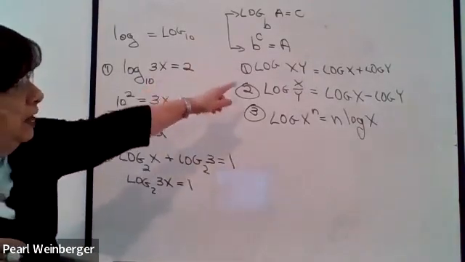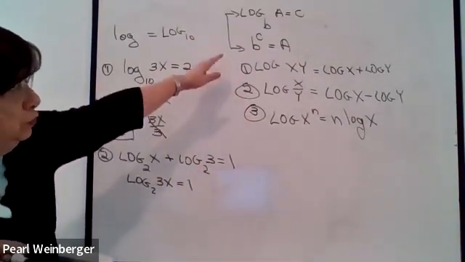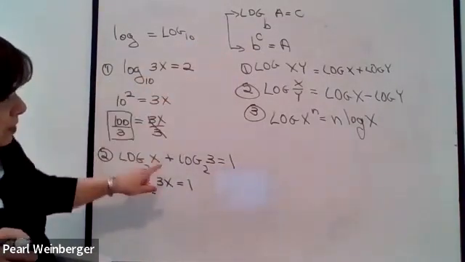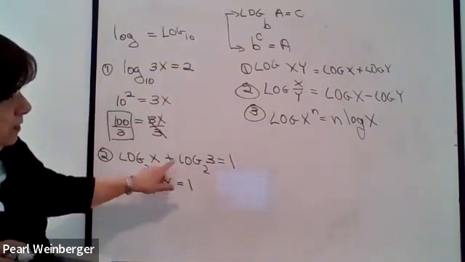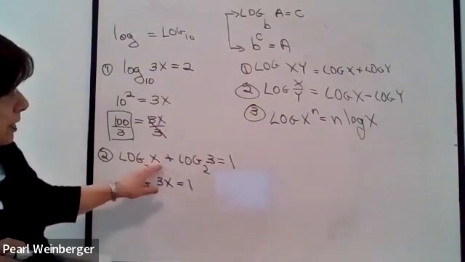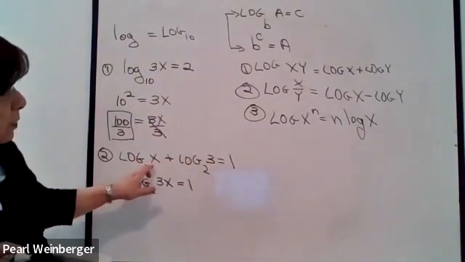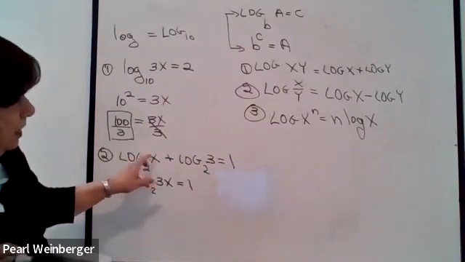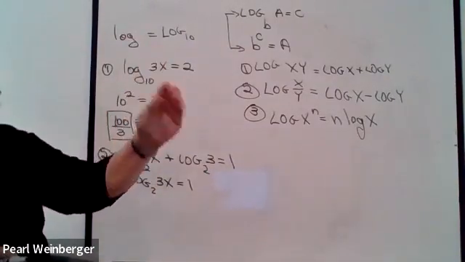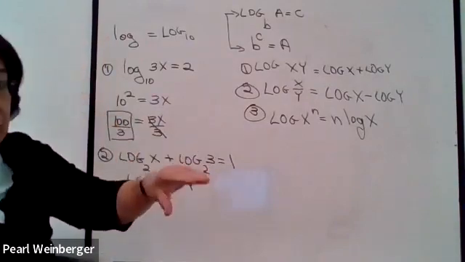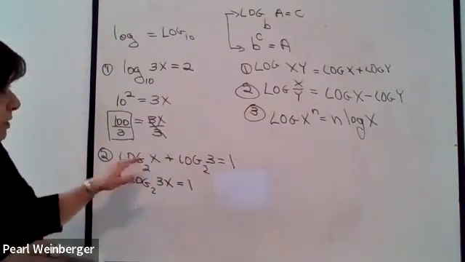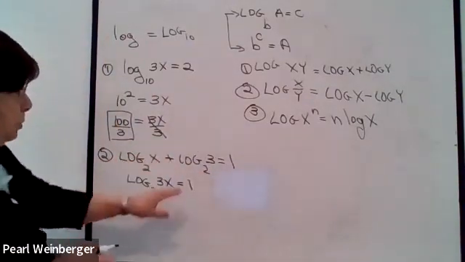And you're going to have to use one of these 2 rules. If the sign in between them is plus, it means that you're multiplying the numbers. If this would have been a minus, it would have meant that I would have been dividing. And remember, the positive one would go on top and the negative one would go on the bottom. But this is plus, so we're multiplying.